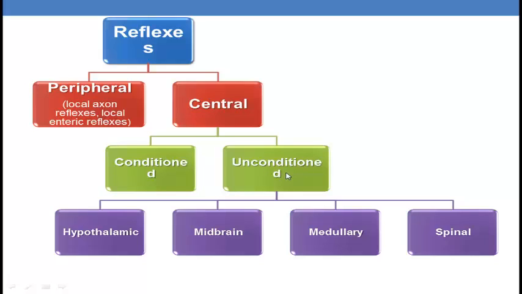But unconditioned reflexes are not learned, they are inherited, and they are divided according to the area in the central nervous system where integration will occur into hypothalamic reflexes, like those involved in thermoregulation, midbrain reflexes, medullary reflexes, and spinal reflexes. We will have these reflexes in our lecture.